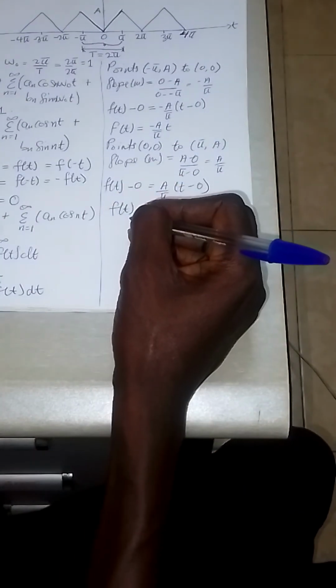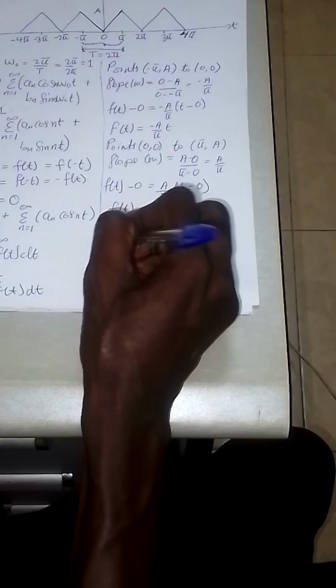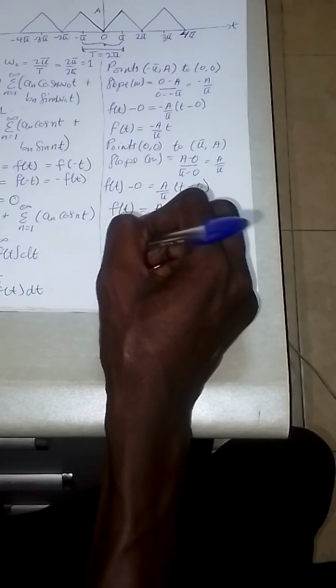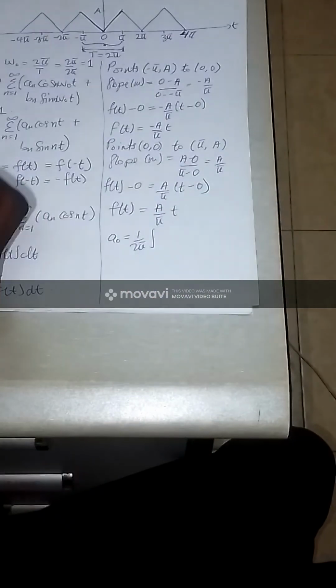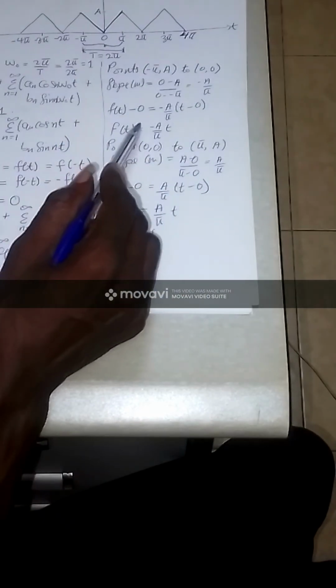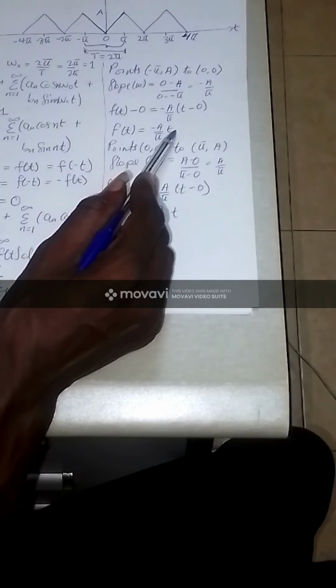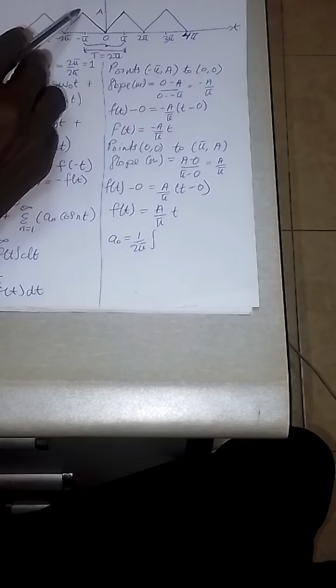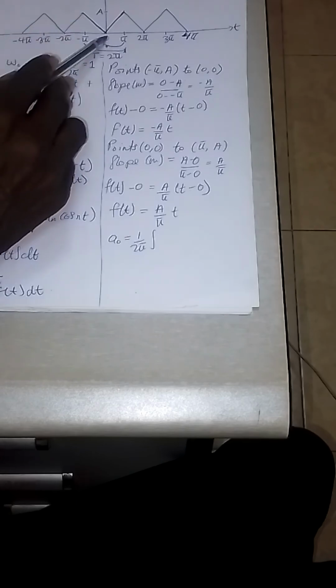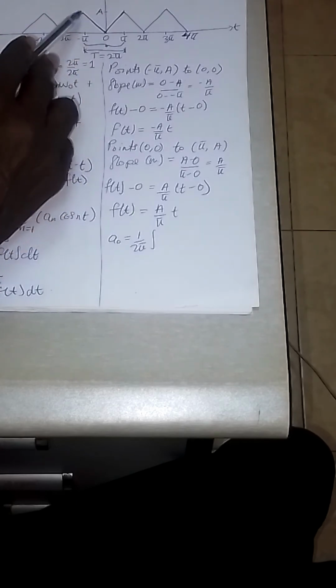Now a naught is equal to 1 over 2 pi into, so now the first equation, which is minus a over pi t, is from minus pi to 0.